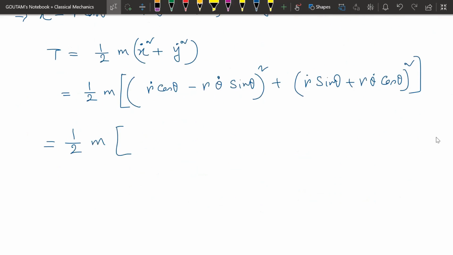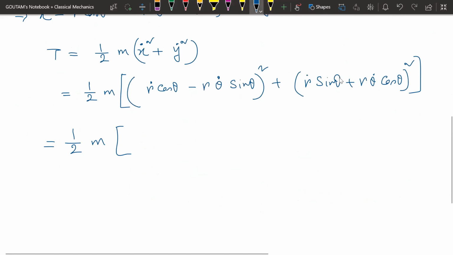If we do the squares, from the first term we will get r dot square cos square theta, and from the other term r dot square sine square theta.